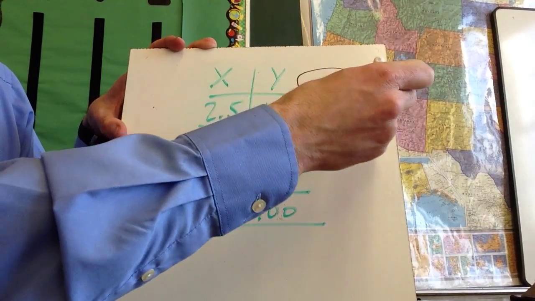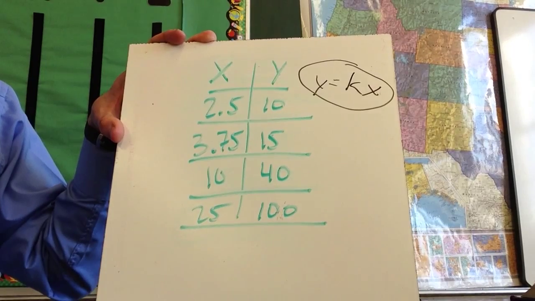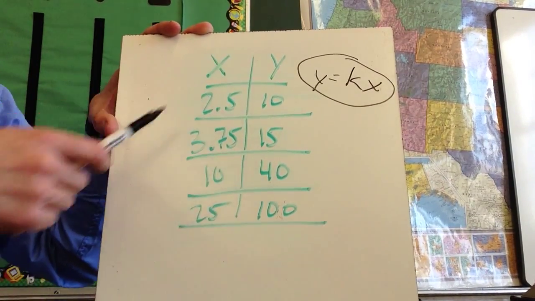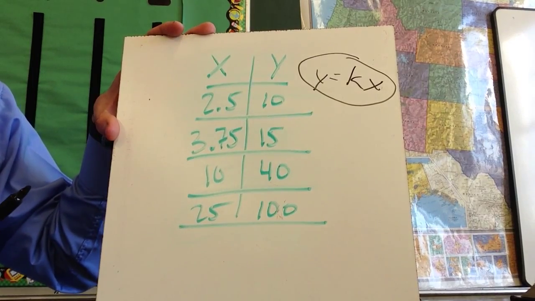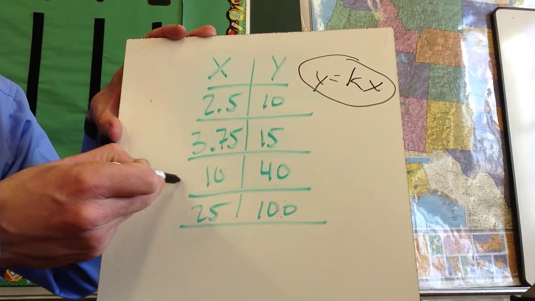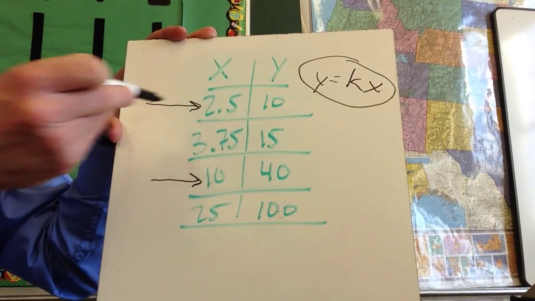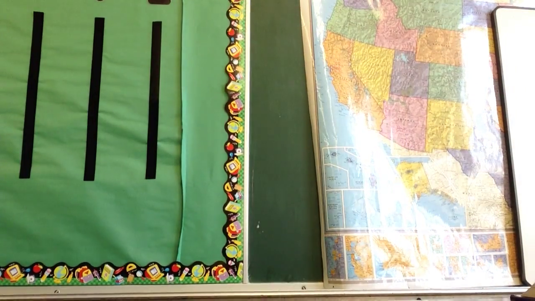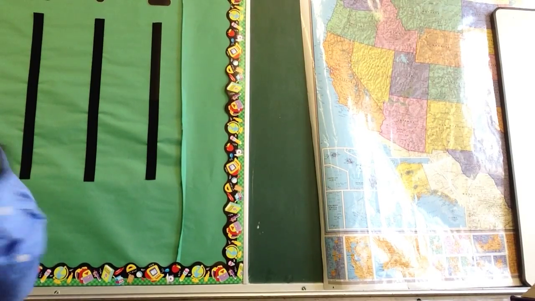But your problem is you don't necessarily know right now what k is. However, I do know x and I do know y. So I can choose any of these numbers and substitute them in. So I'm going to intentionally pick this number and this number because I want to show you that it works two different ways. So the first way, let's pick the 10 and the 40.